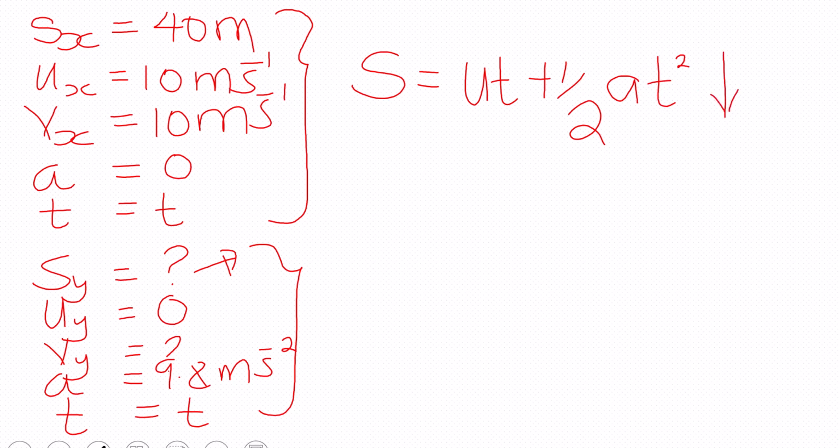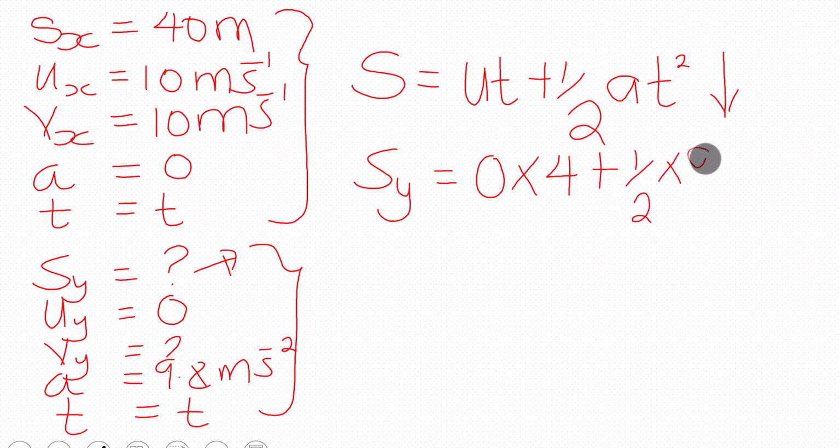So we shall have displacement in y as our sy equal to u, which is 0, times the time, which is 4. We calculated 4, plus a half times 9.8 times 4 squared, as our time is 4.